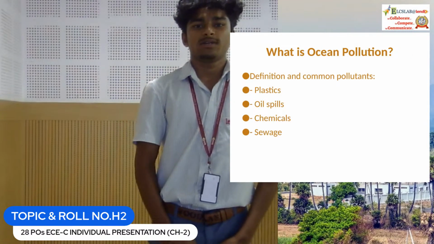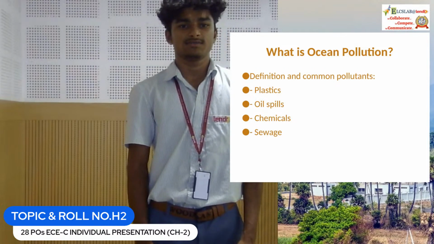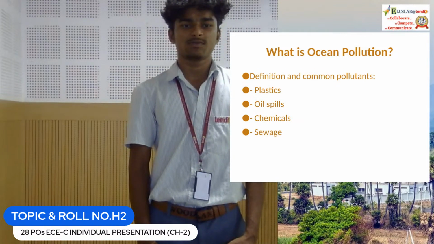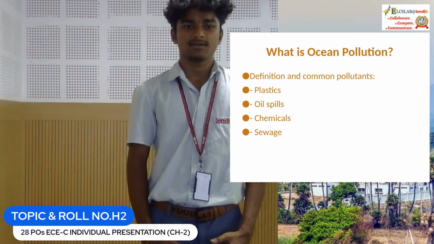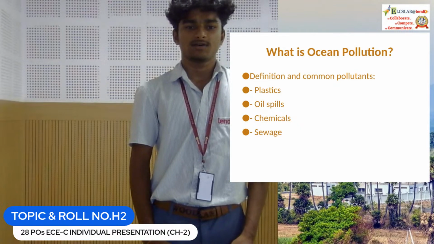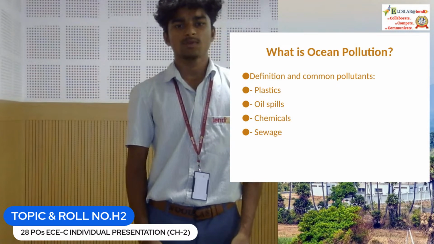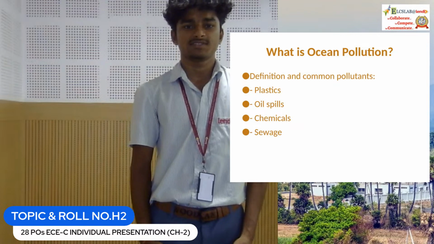What is ocean pollution? Definition of common pollutants: plastics. The plastic wastage is so high. The wastage of plastics is put in the water. The oceans are very polluted, and the fishes die.